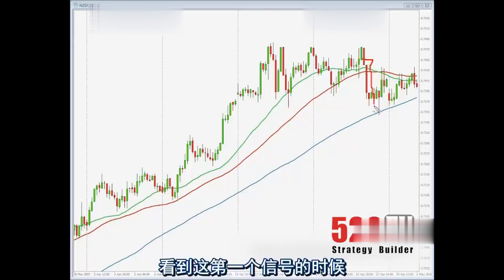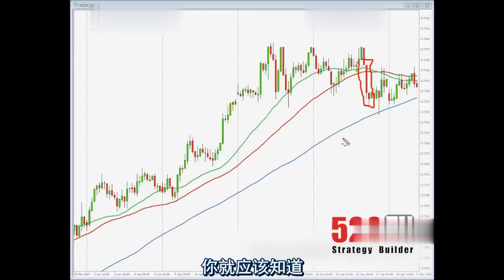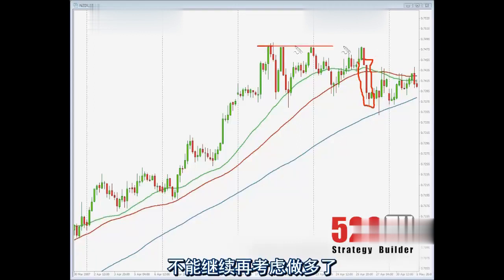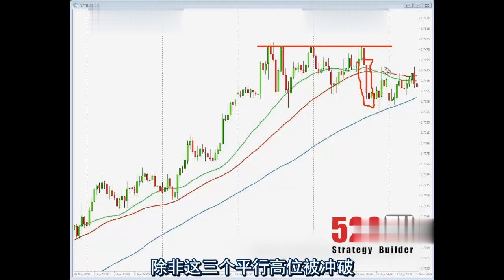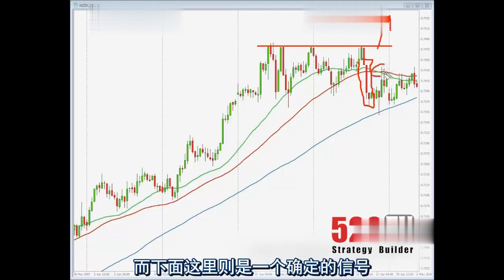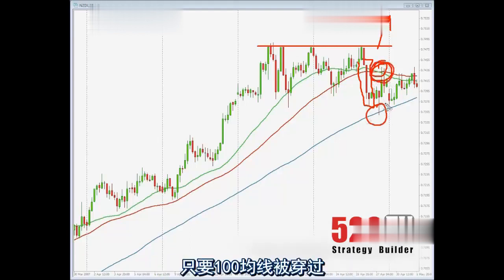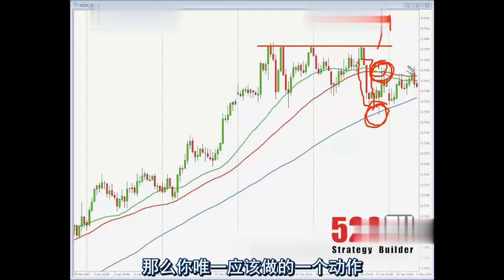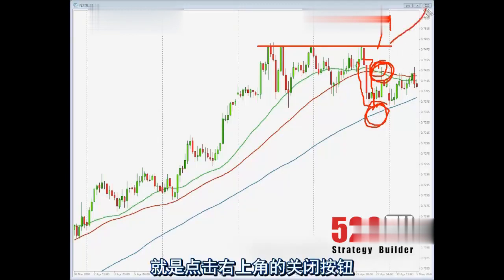This is the first indication, okay, that you should be careful, that you should not be wanting to search for any long entry anymore until that triple top gives way to the upside. And this is your confirmation that once this happens, once you get the breakout and once you breach the 100, the only possible action you could take in this chart is to click on this X up here.